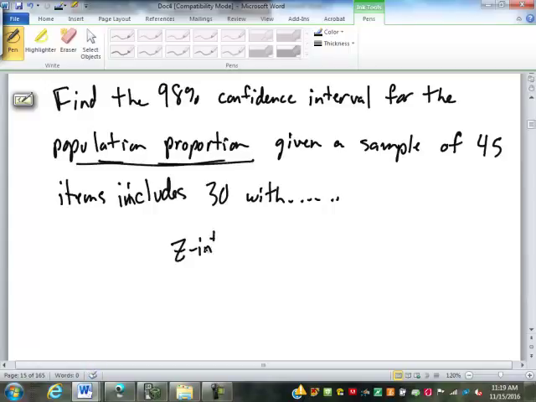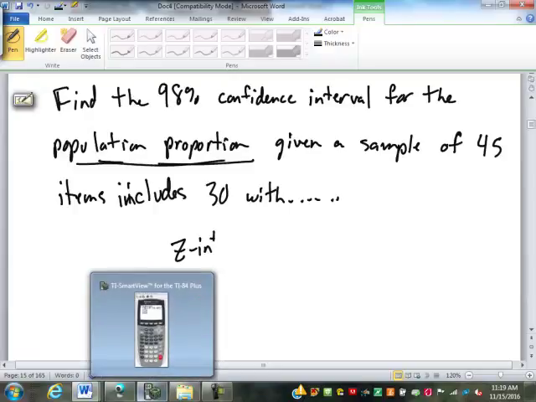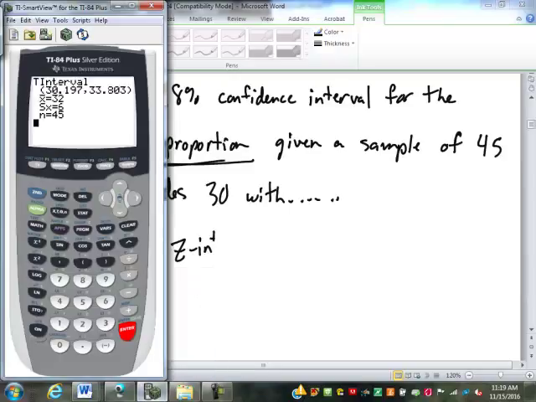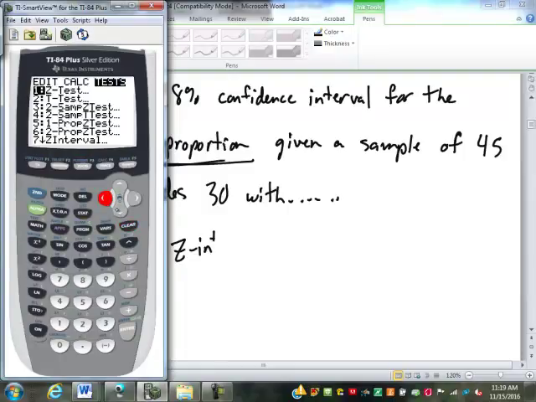And the calculator has a separate command for that. Clear. So we're going to stat, tests. Our tests are listed first, the hypothesis testing listed first. We got to get down to the confidence interval part of the menu here.